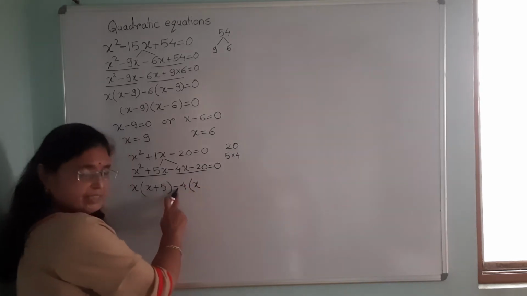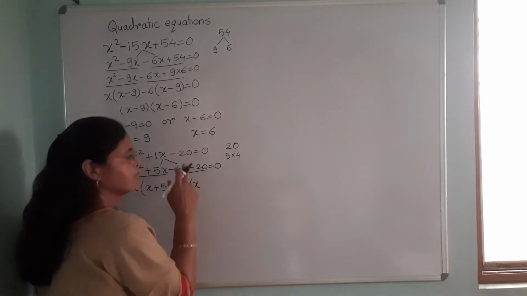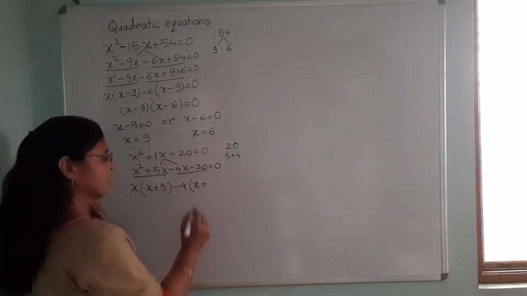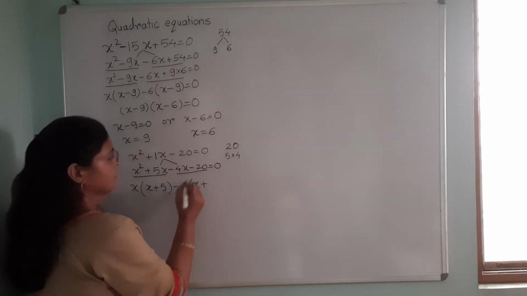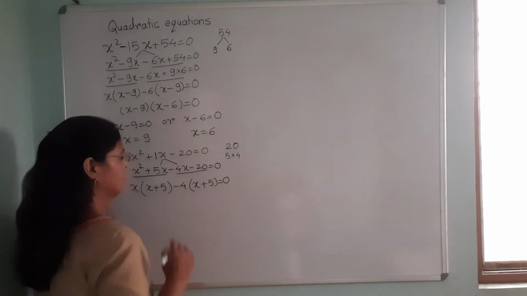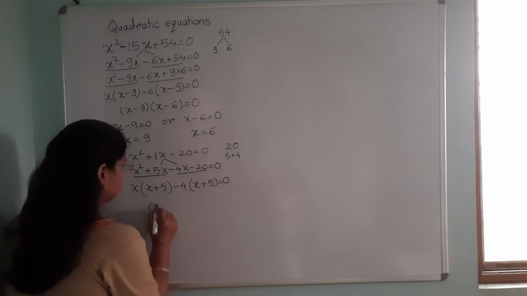As the minus sign is taken outside, we have to change this sign so that the product is minus. So we take plus, and 4 is taken common, so here 5 remains, equal to 0. Now x plus 5 we should take common.